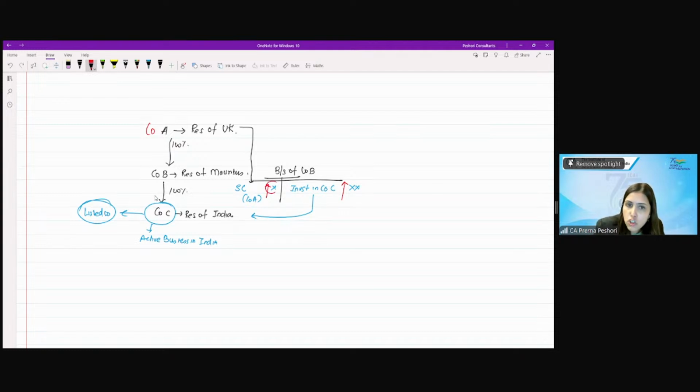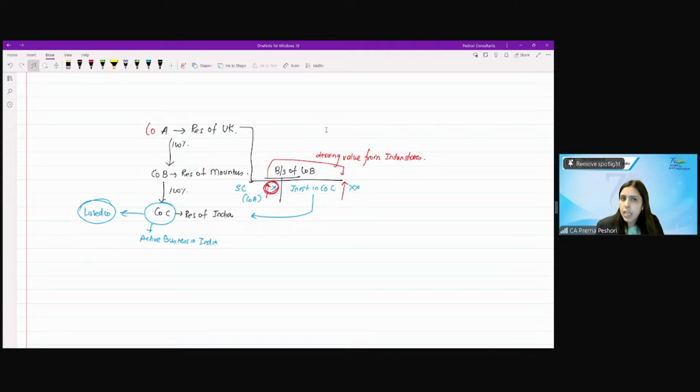So basically, the shares of this company are deriving the value from Indian shares. Can we say that the shares of company B are deriving the value from Indian shares? Yes or no? Yes, everyone? Fine.